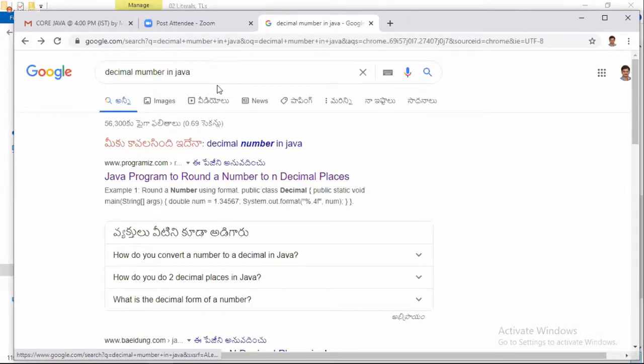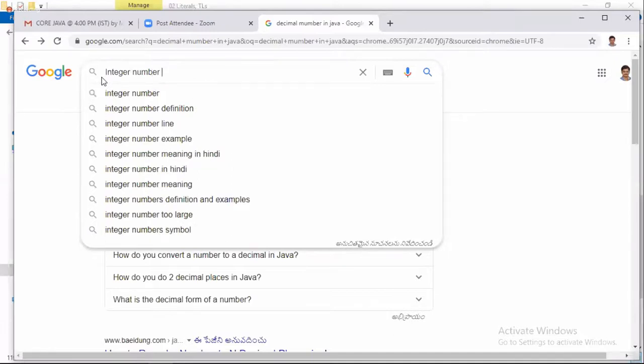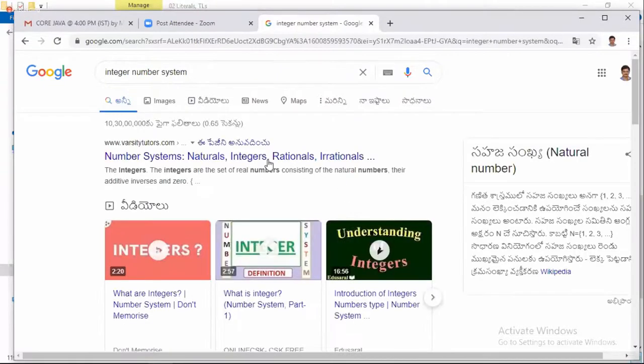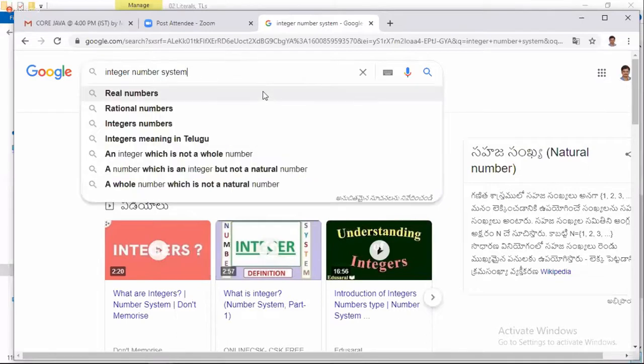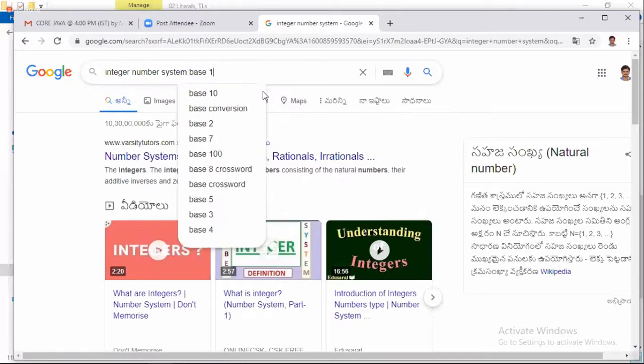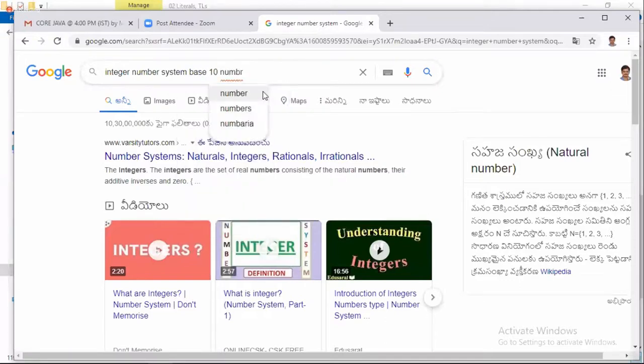So decimal means floating point number. Then, okay, integer number system. What do we call the integer number system? Base 10 number. Now I should learn maths again.